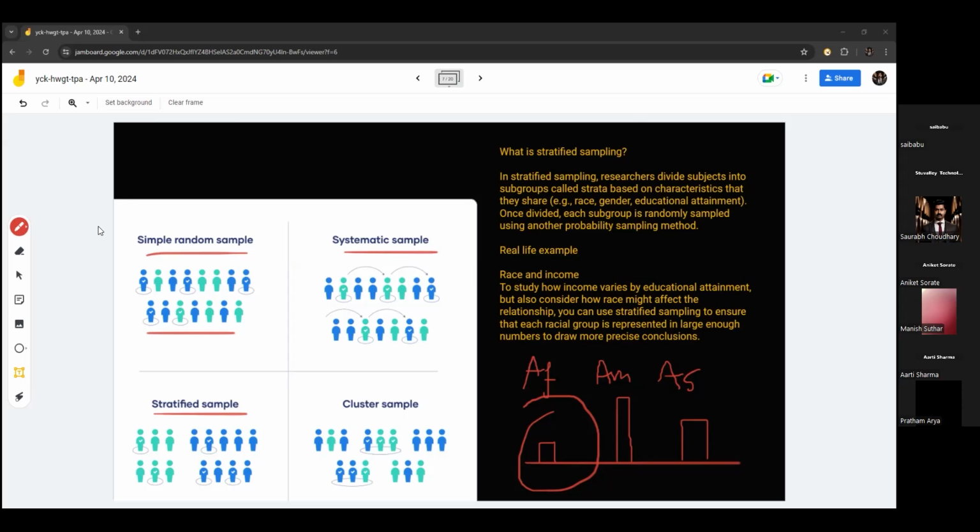Okay, see, there is one more. You can see over here, clustering. What is clustering?